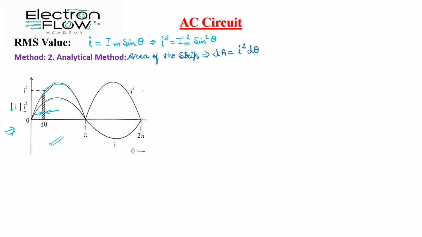Now the area of the half cycle is given by A equal to the integration from 0 to pi of i square d theta.